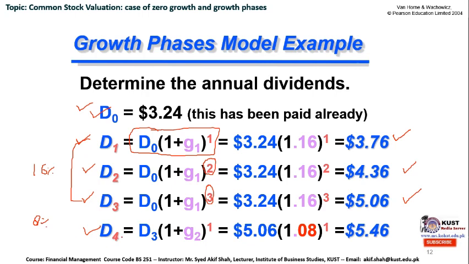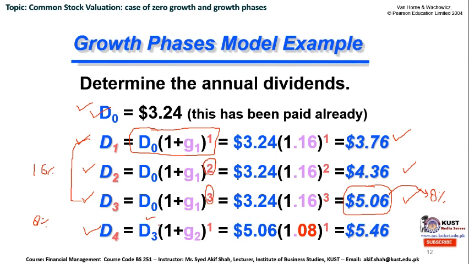D4 is equal to D3, which is 5.06, because we are at the end of the third time period, and this dividend will now grow at the rate of 8% rather than 16%. So we have to apply the 8% factor in order to come up with the D4 value.